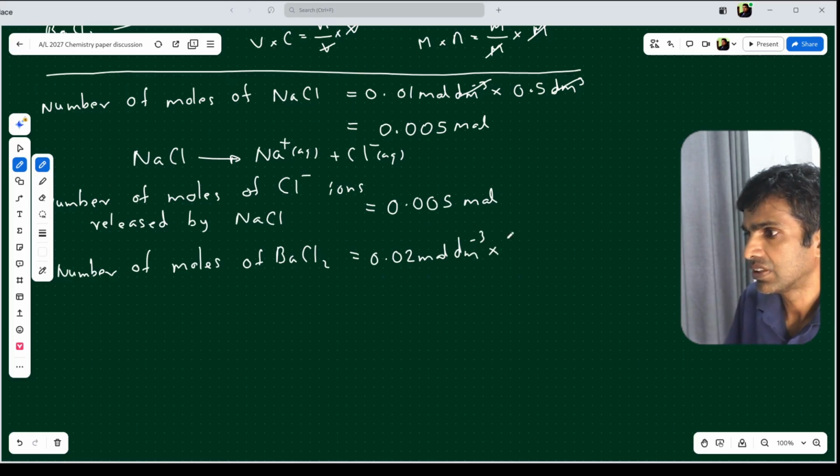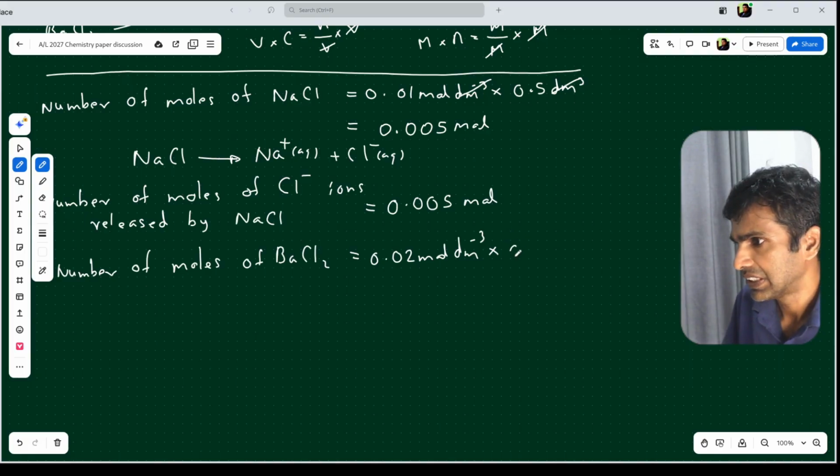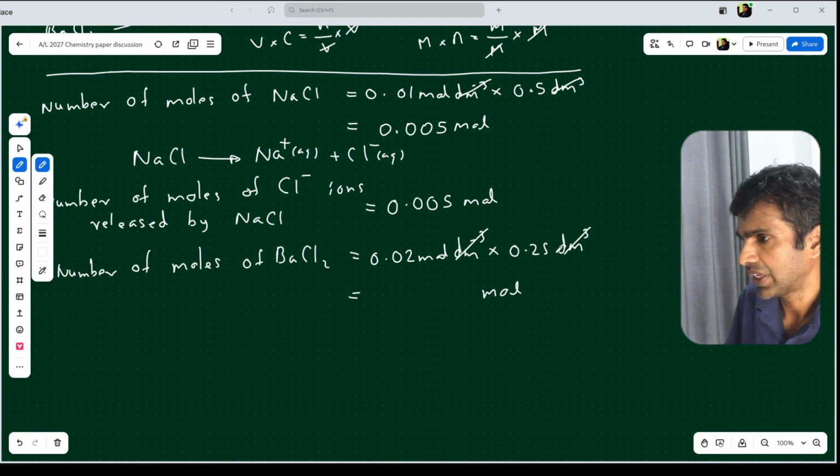The volume is 250 cubic centimeters, which means 250 divided by 1000 cubic decimeters, 0.25 cubic decimeters. Cubic decimeters per cubic decimeters, 2 times 25, 50, 4 decimal places.